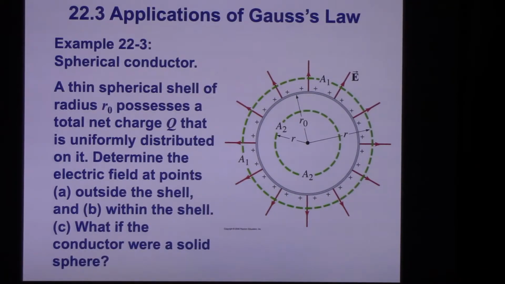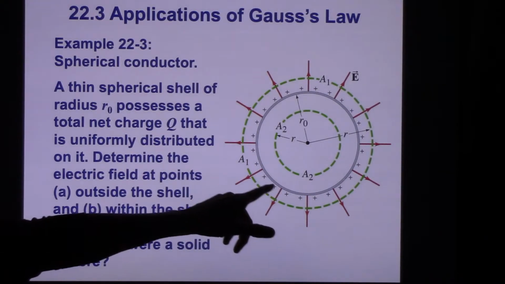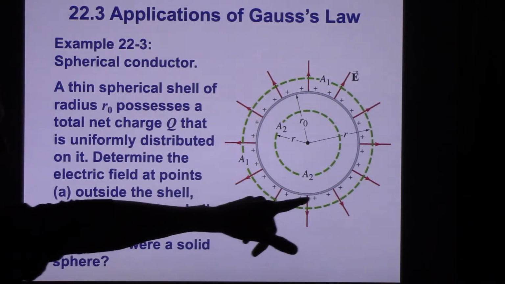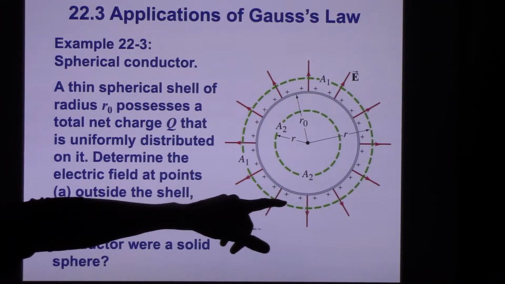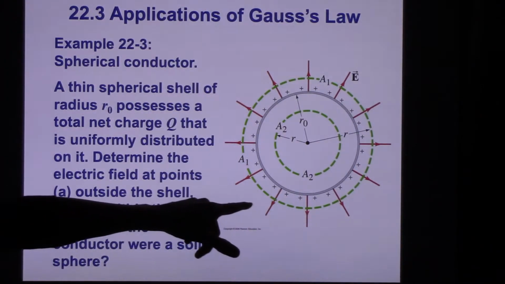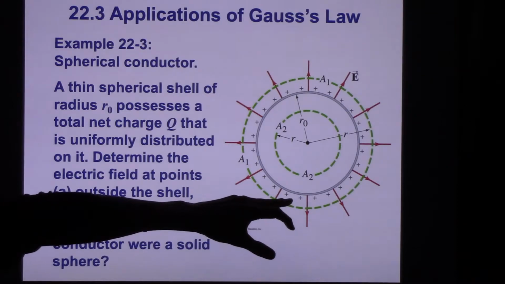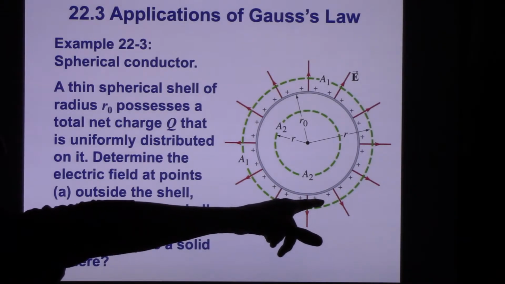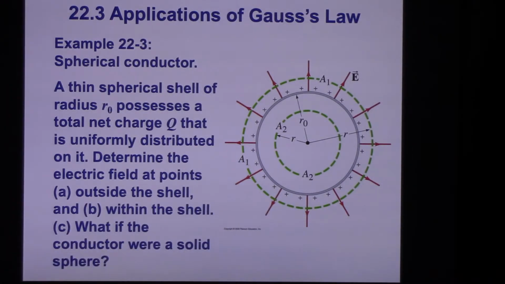Now, outside's actually easier to talk about. Let's start there. What Gauss's law allows us to do is say that the amount of charge on that conductor, see all that positive charge? We can draw a Gaussian surface outside of that. Since the conductor itself is spherically symmetric, the charges will be arranged in a spherically symmetric fashion.